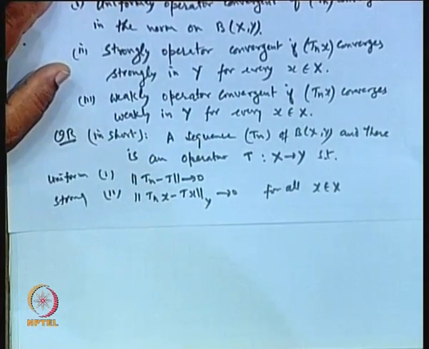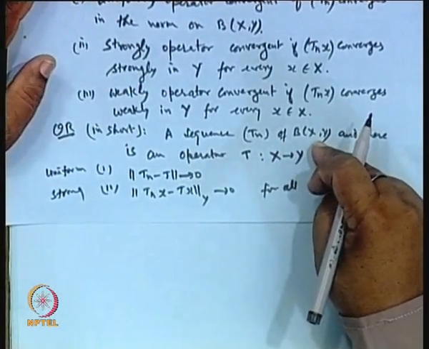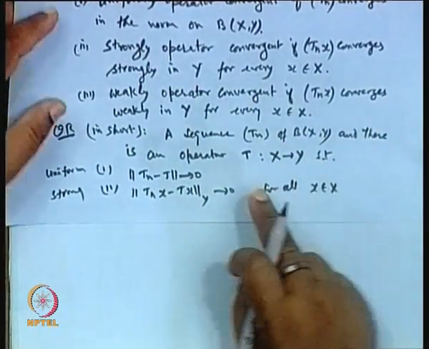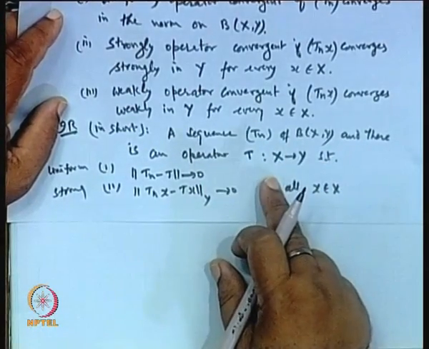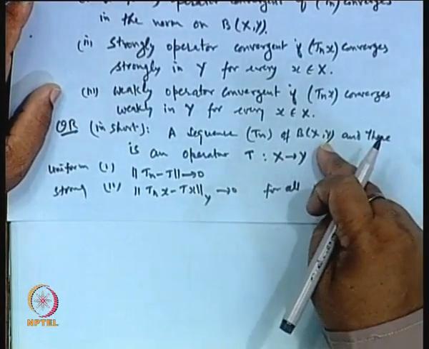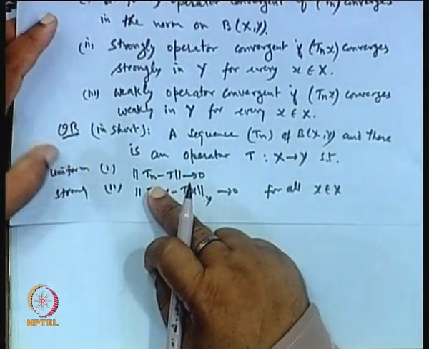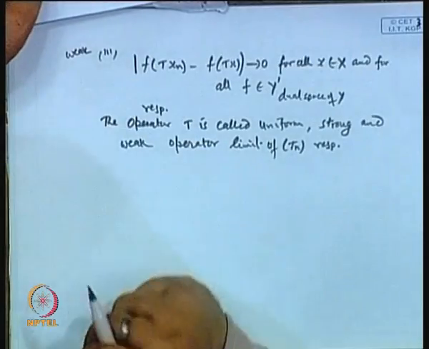Now, the question arises: the sequence T_n is a bounded linear operator, but we have not said anything about T, whether T remains a bounded linear operator, whether T is a point of B(X, Y) in case of the uniform, the strong, or the weak.